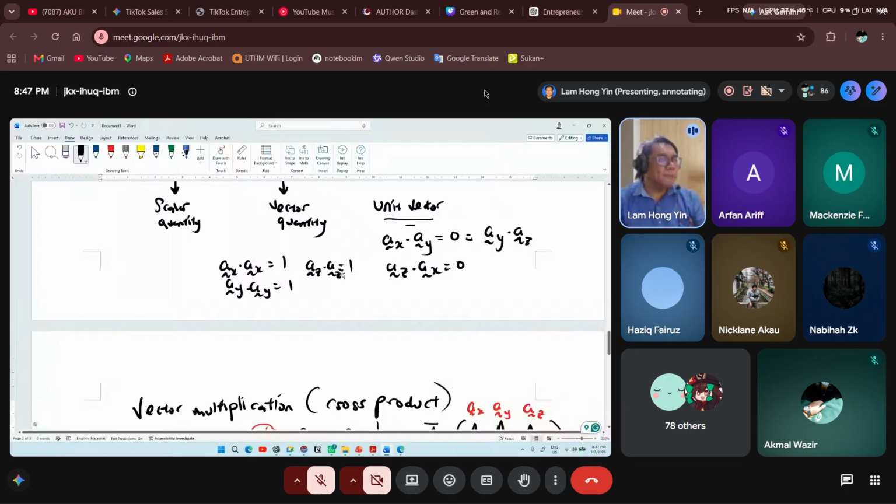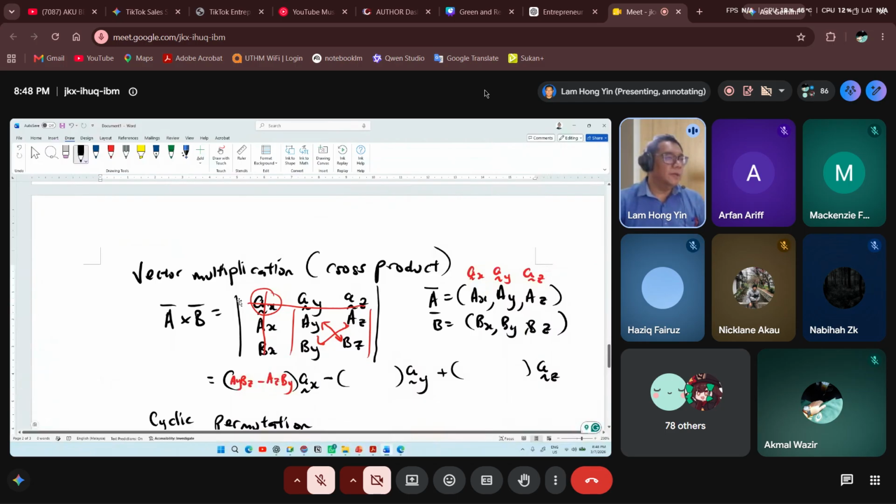If you dot product with the same axis, AX dot AX, you get 1. AY dot AY, you get 1. So when you perform the dot product, you automatically cancel out the information of the directions, because it will be equal to 1 if the same axis unit vector is dot-producted together.